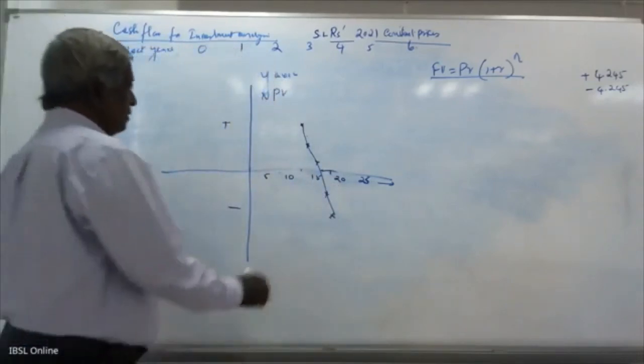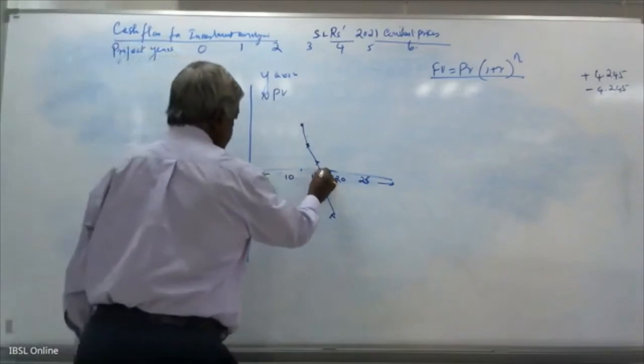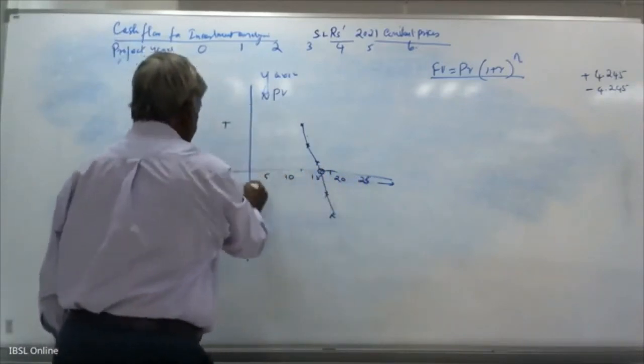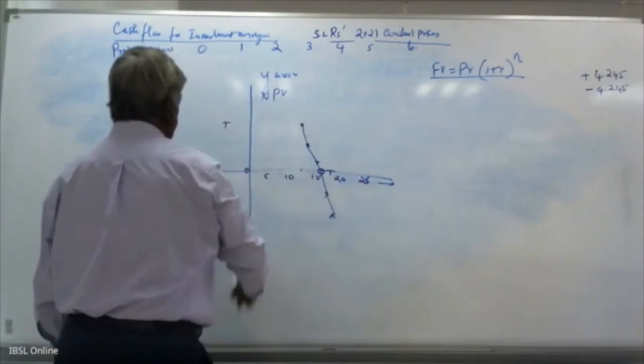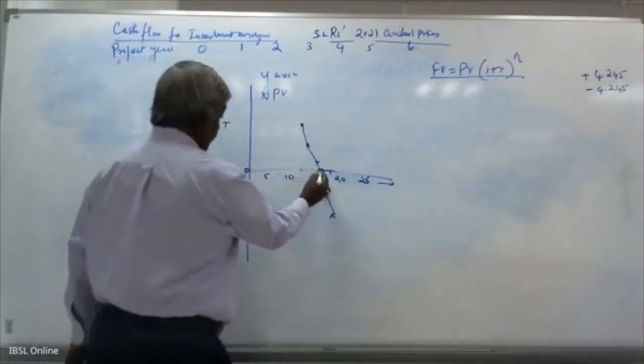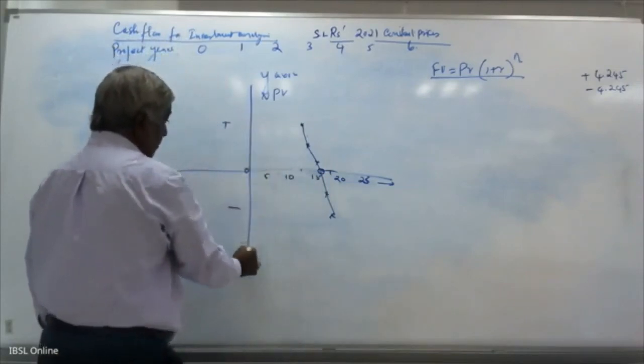At one point, here, NPV is 0. At this point NPV is 0. Here positive, here negative.